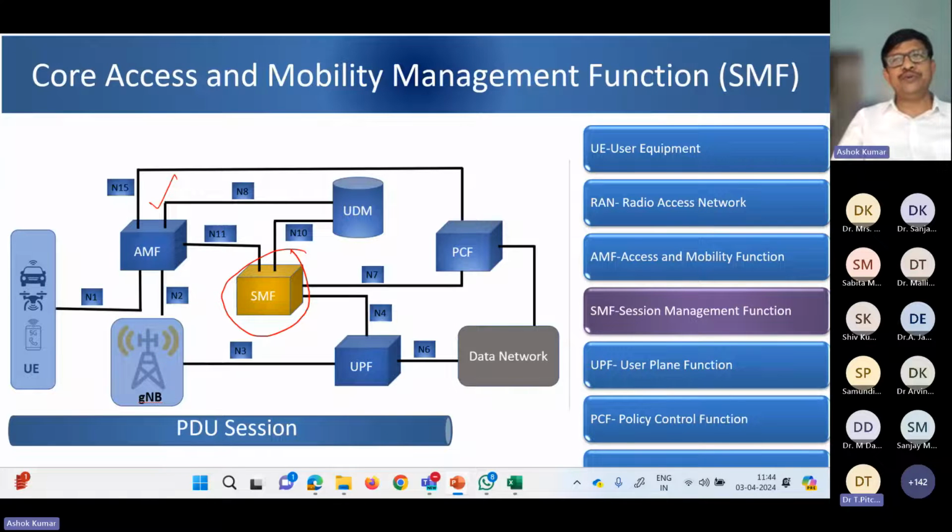The user equipment measures the signal from the other gNodeBs also and reports to the source gNodeB. So the source gNodeB has enough information about the other signal strengths and its own signal strength as received by the UE. Depending upon what threshold has been defined, it will trigger the handover. Okay, sir. Thank you.